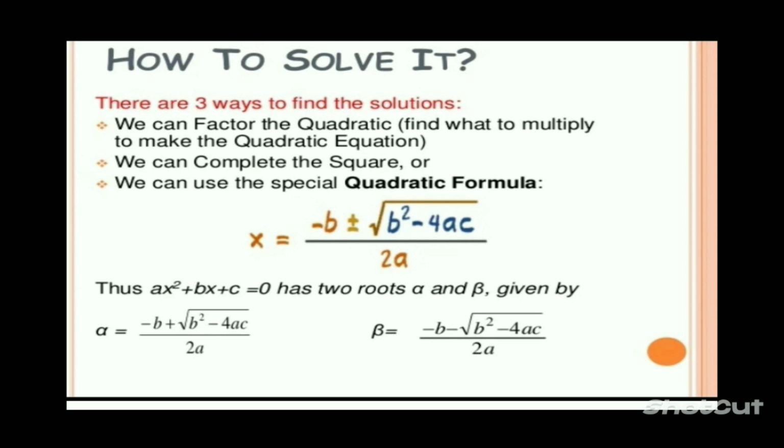Thus ax squared plus bx plus c equals 0 has two roots, a and b, given by a equals negative b plus the square root of b squared minus 4ac over 2a, and b equals negative b minus the square root of b squared minus 4ac over 2a.